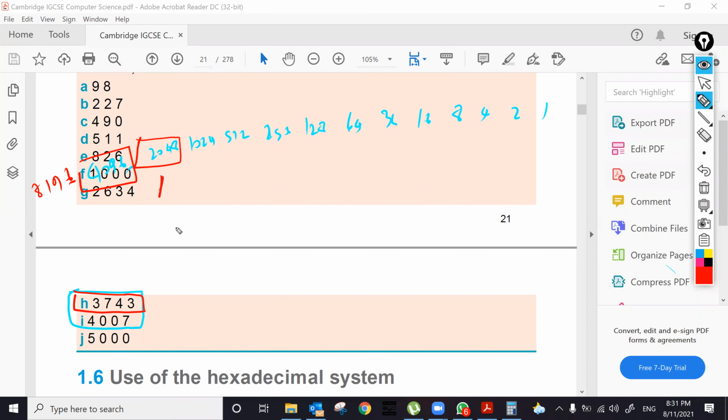You have to put one, and then from 2048 till 3743, you have to add the values and get the binary and make it 4 digits from right to left. That's it. I think that's the easiest way. I don't think other ways are easier. But if you are good at dividing, you can straight away divide and get the remainder. But I don't think it's very difficult, no?